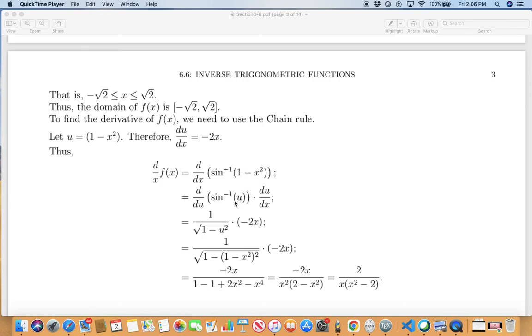But that's u. So d/du of sine inverse u times du/dx. That's the chain rule. Now the derivative of sine inverse is 1 by the square root of 1 minus argument squared, times du/dx, which we just saw was negative 2x.